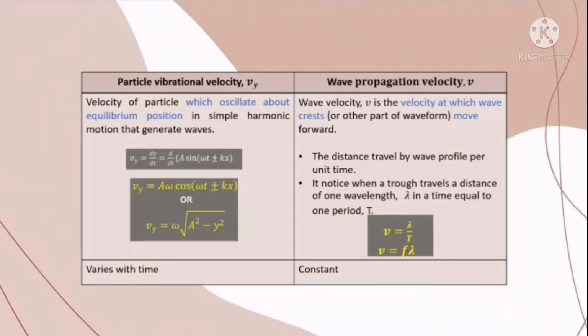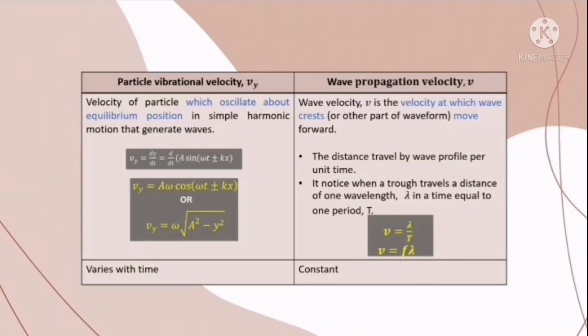It can be noticed when a crest travels a distance of one wavelength lambda in a time equal to one period. It can be shown by the equation v equal to lambda over T and v equal to f times lambda.